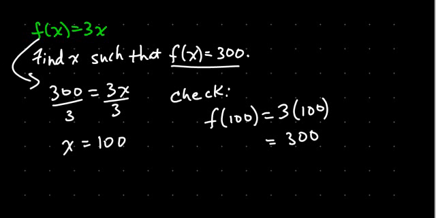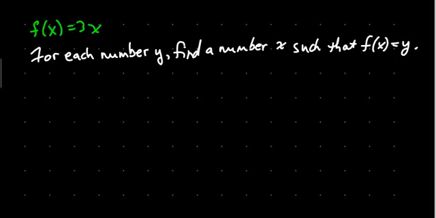Okay, now let's try another one. This time we have f of x equals 3x, and for each number y, find a number x such that f of x equals y. And this is going to actually be finding our inverse function. So here we have f of x equals y. So where there's an f of x, set it equal to y.